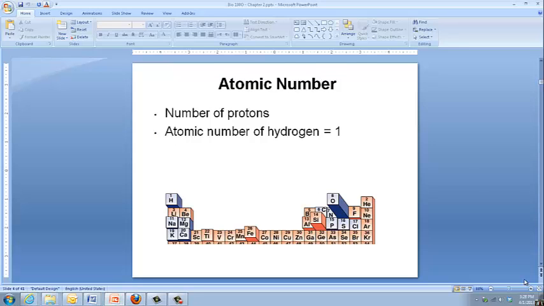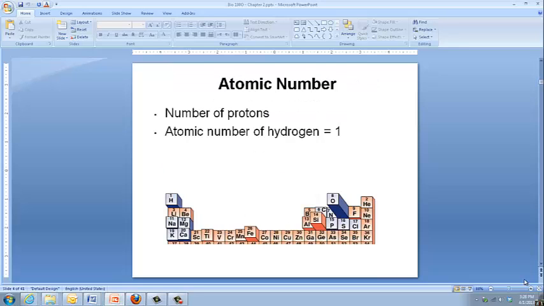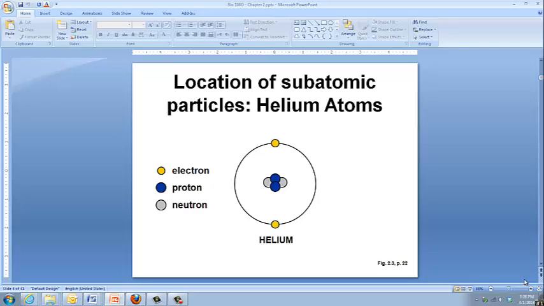Each atom has an atomic number, and the atomic number of an atom represents the number of protons that are found in the nucleus. So backing up to the previous slide, we see the dark blue circles in the center of the atom represent the protons of the atom. The fact that we have two protons in the nucleus of helium means that helium has an atomic number of 2.